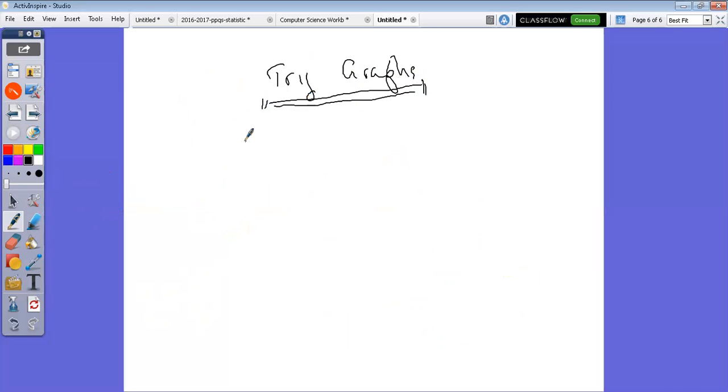So now, I'll start with the first one. F of x or y is equal to sine x. Then there are certain things that I need to talk about here. Sine x. So let's do that together. So I want to show you, even if you forget in the exam, use your calculator.